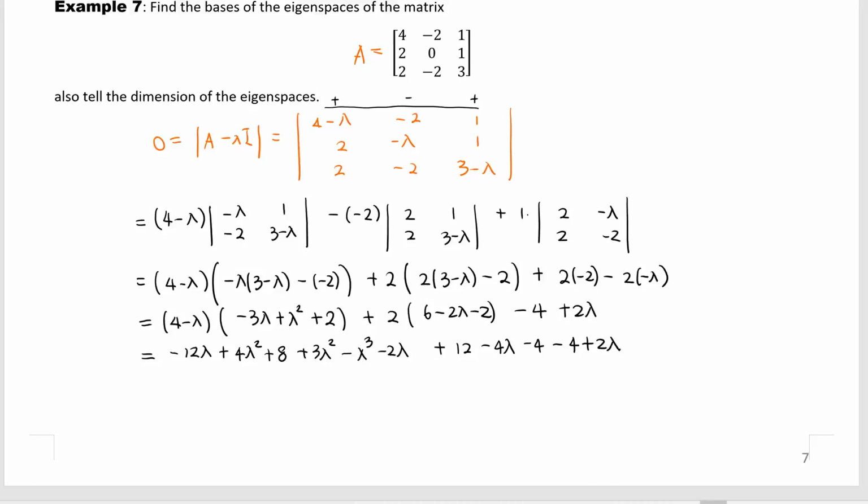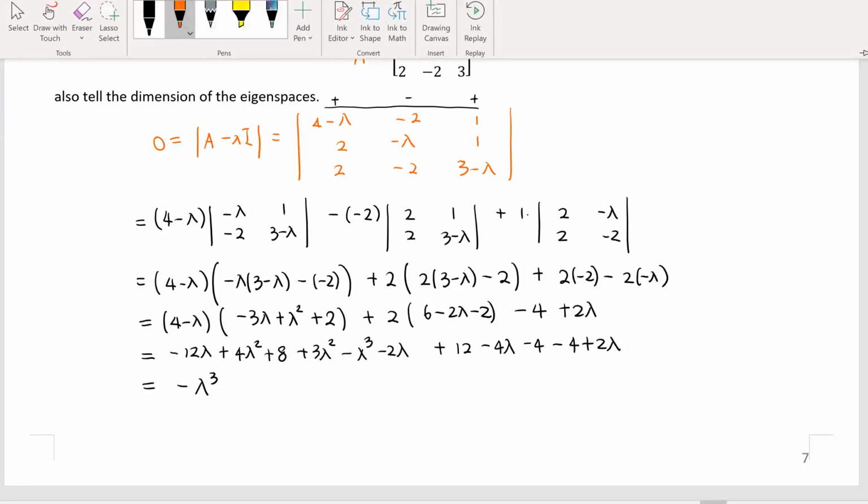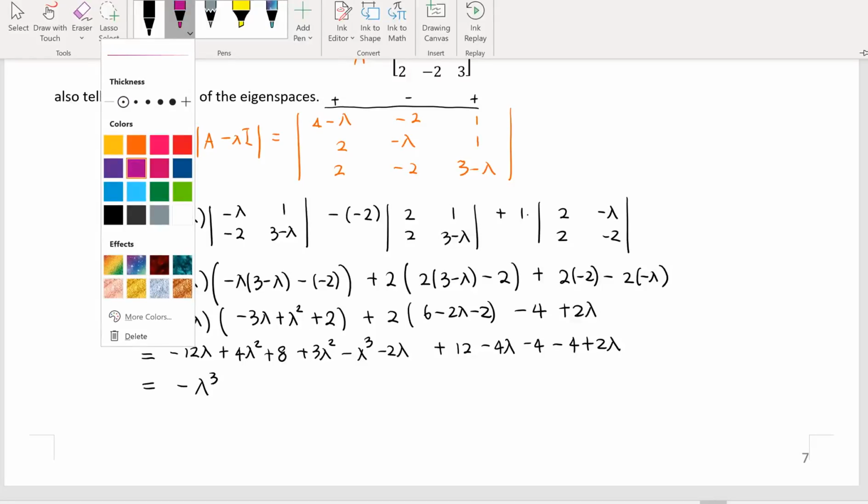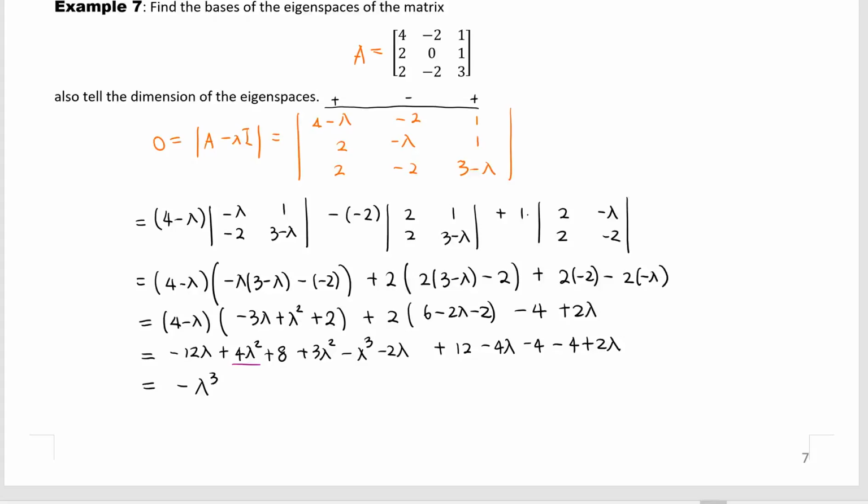Okay. Let's combine the like terms. How many lambda cubed? Negative lambda cubed. How many lambda squared? 4 and 3, so that is 7 lambda squared. Okay, and then how many lambda? We have negative 12 and minus 2, and this one cancels with that one, right?